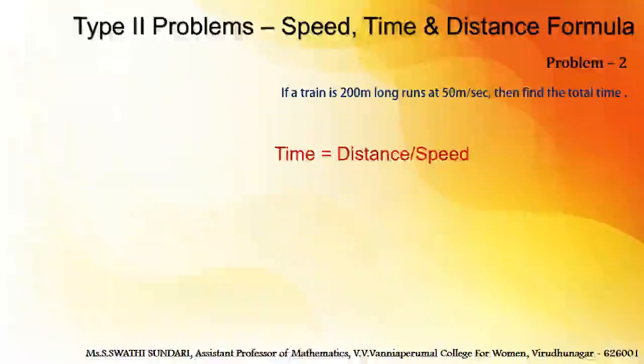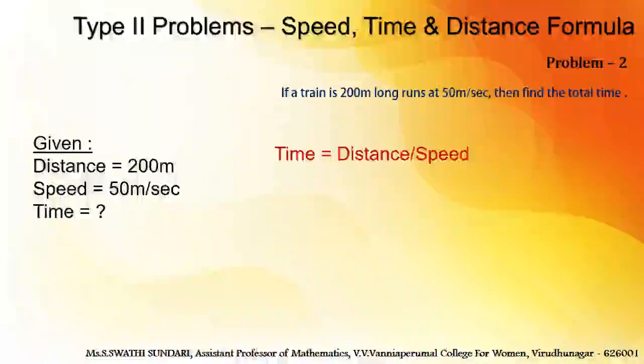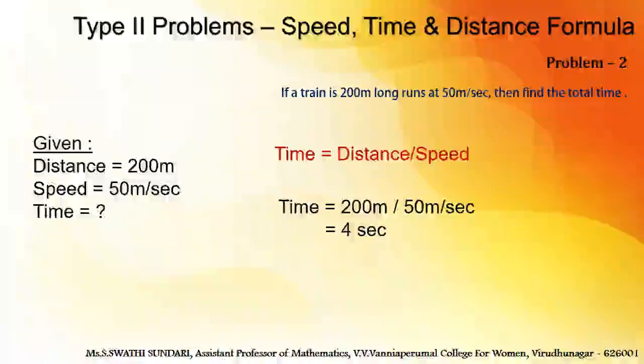We can use the formula time equal to distance divided by speed. So time is equal to 200 meter divided by 50 meter per second. We cancel it and get 4 seconds. Hence the time is 4 seconds.